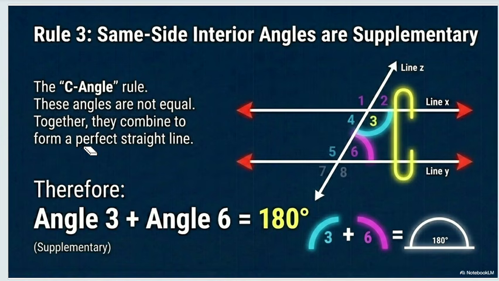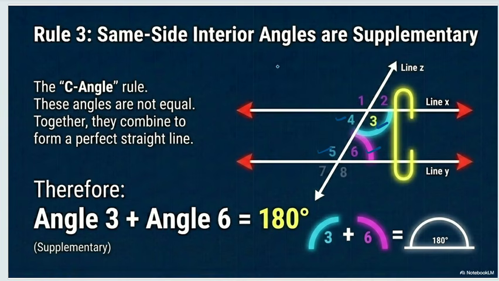Okay. Now we will move on to the same side interior angles. In the case of parallel lines, same side interior means they are lying on the inner side of both the lines, and same side means they are lying on the same side of the transversal line. So the angles lying on the same side of the interior side are 3 and 6, and 4 and 5.